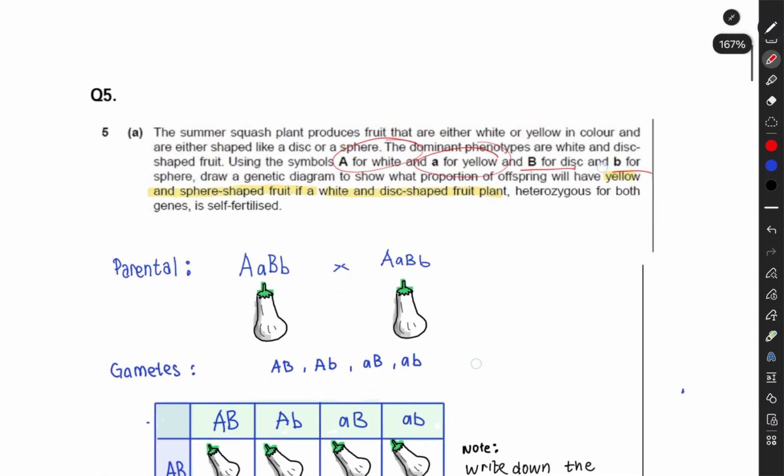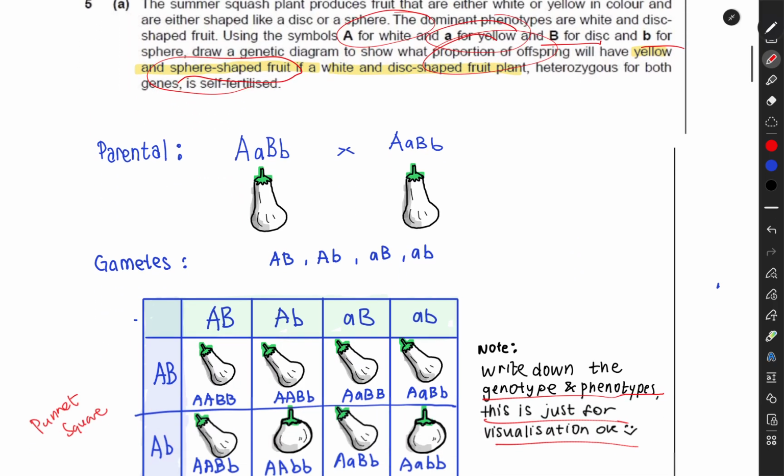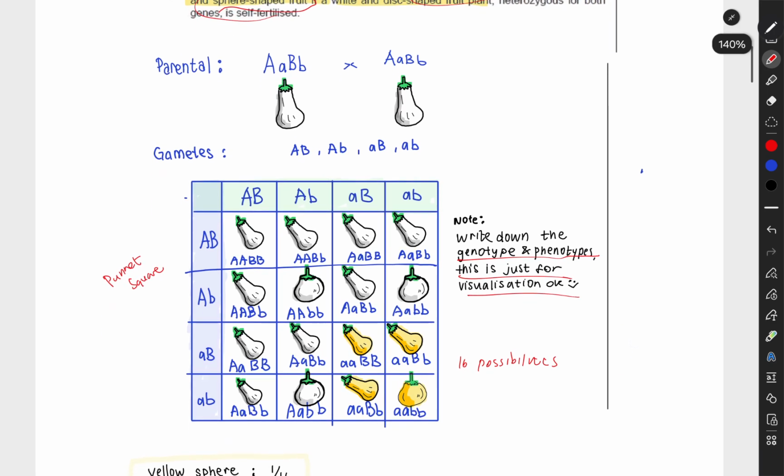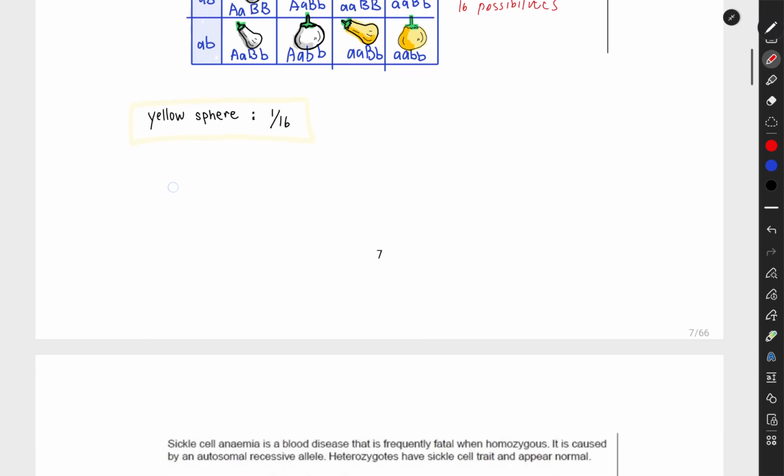And the question asked, what proportion of offspring will have yellow and spear-shaped fruits, which is both recessive homozygote, and it's this one. It's 1/16.